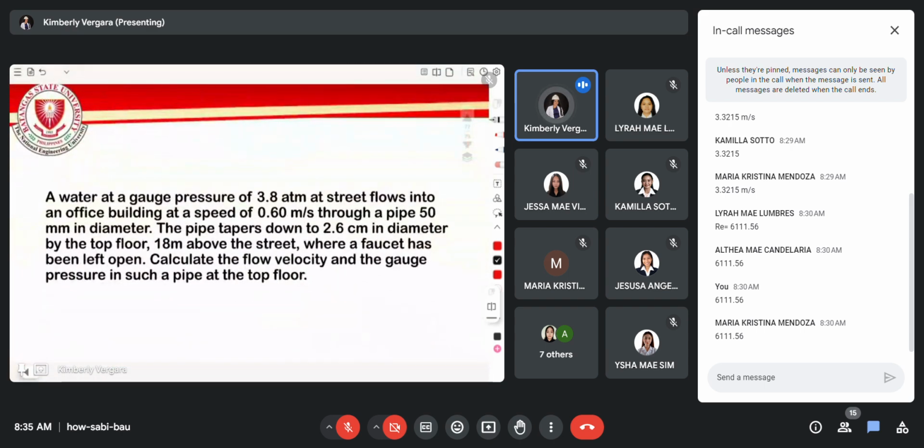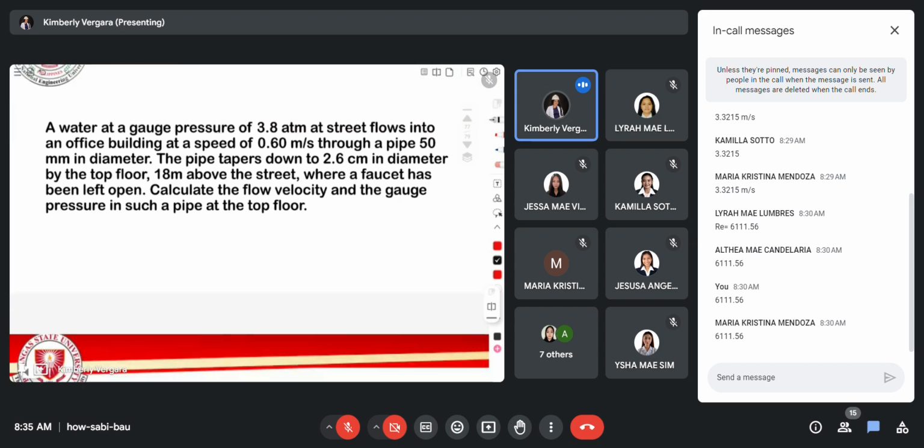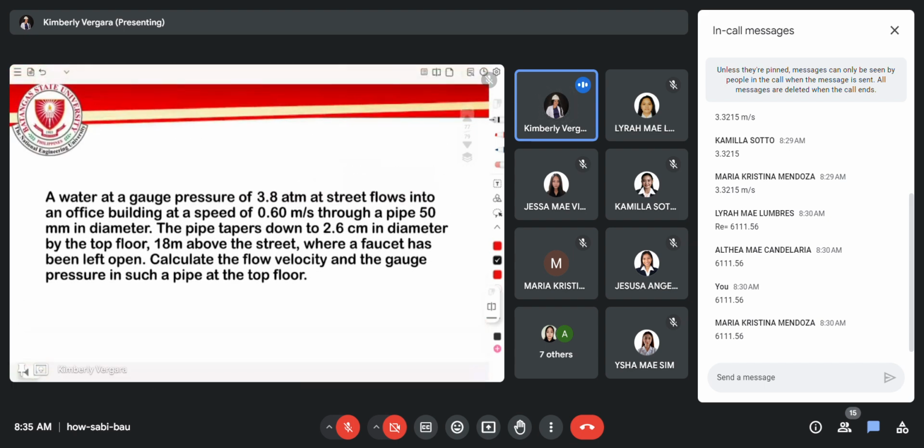So, let us answer this problem. Water at a gauge pressure of 3.8 atmospheres at street level flows into an office building at a speed of 0.6 meters per second through a pipe 50 millimeters in diameter.